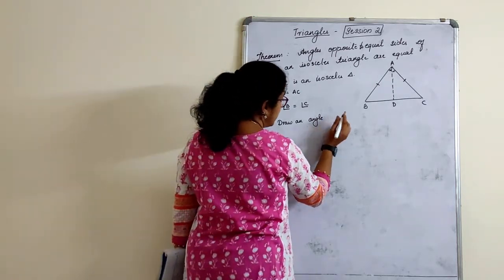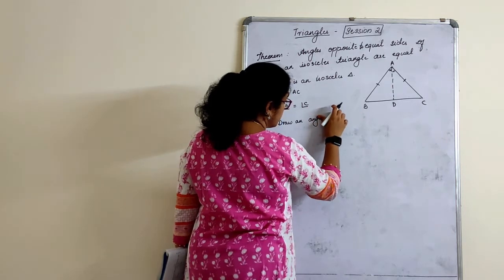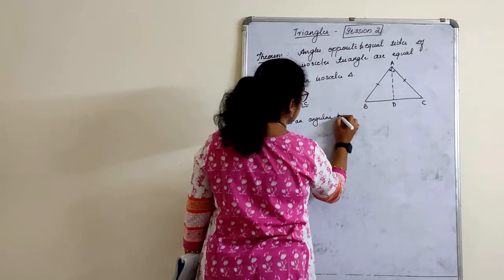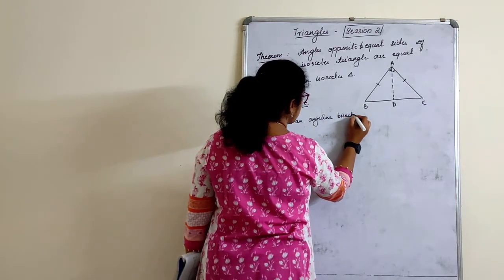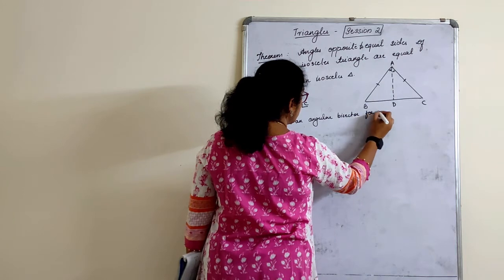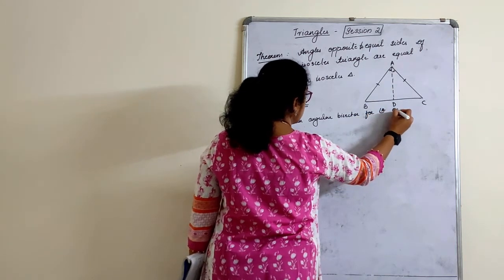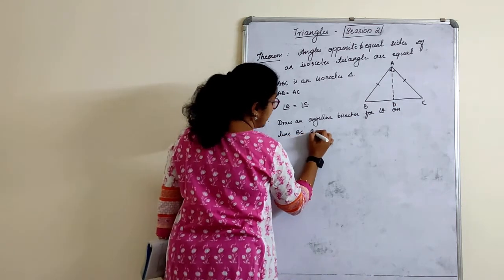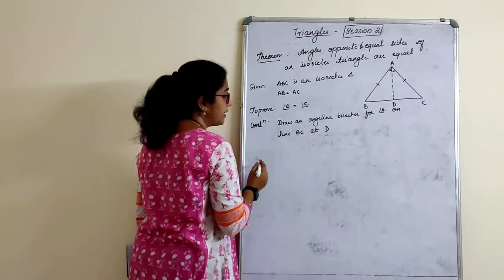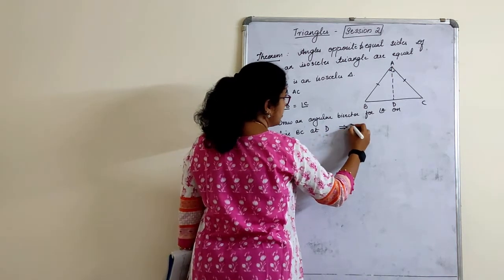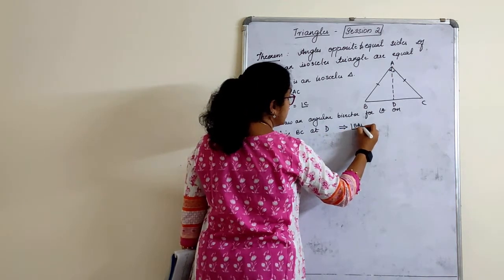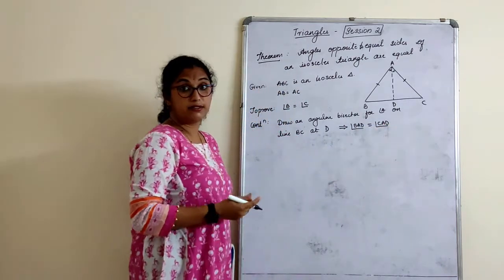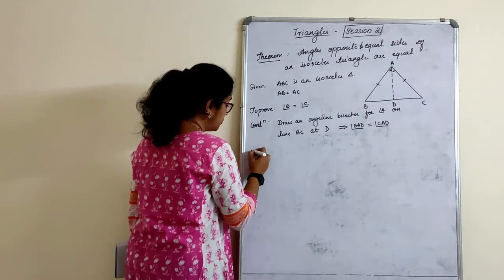Draw an angular bisector for angle A on line BC at D. That is what we have drawn here. This implies I can just write angle BAD is equal to angle CAD. They are angular bisectors, right? The angles are equal. Now the proof.